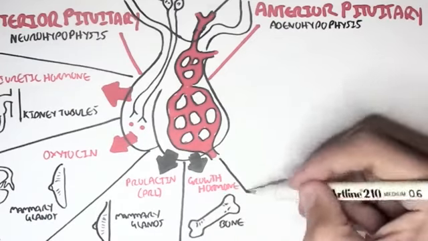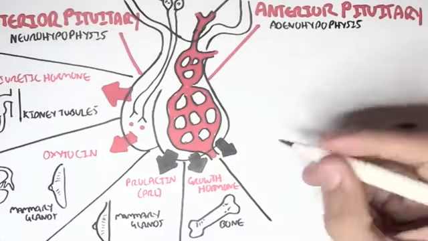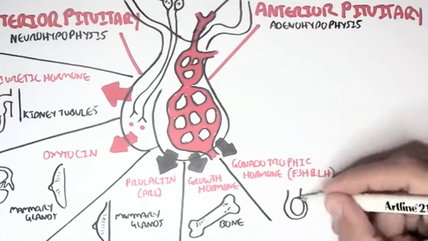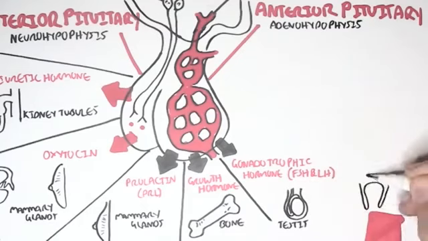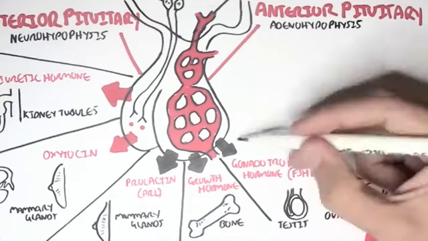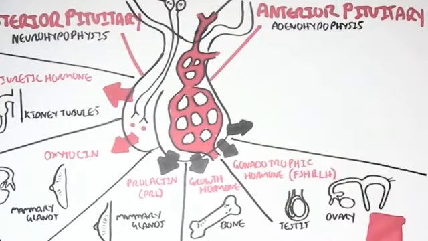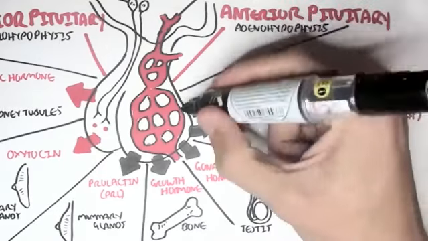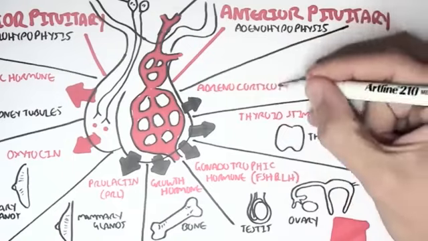It can secrete gonadotropic hormones, such as follicle-stimulating hormone and luteinizing hormone, which target the testes or ovaries, depending on whether it's male or female.